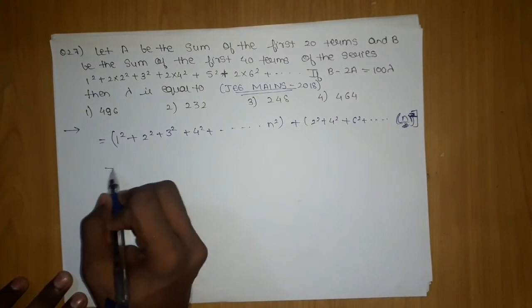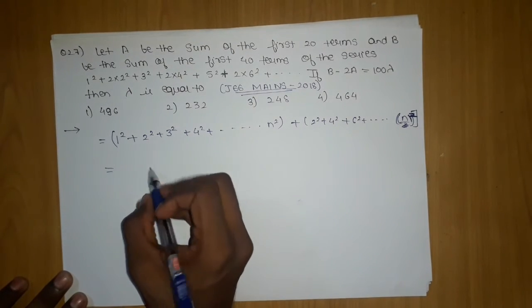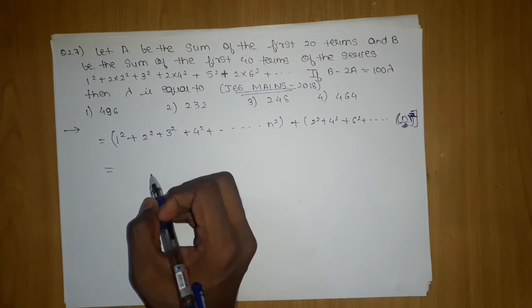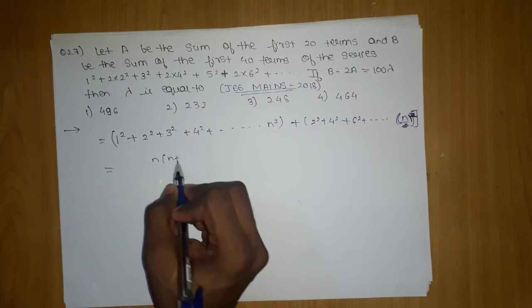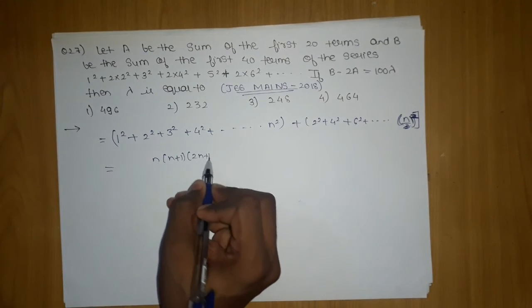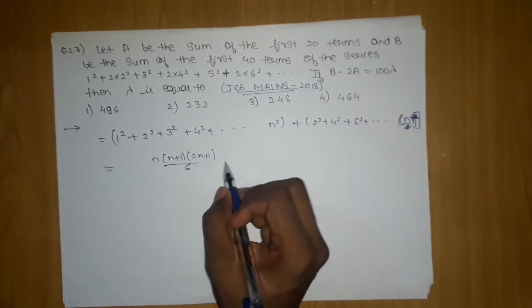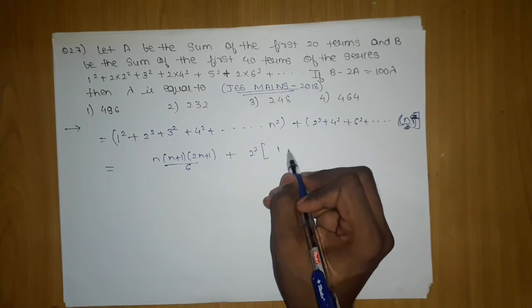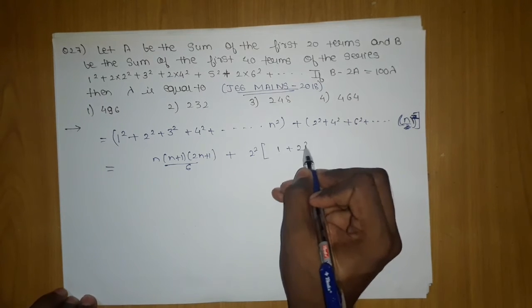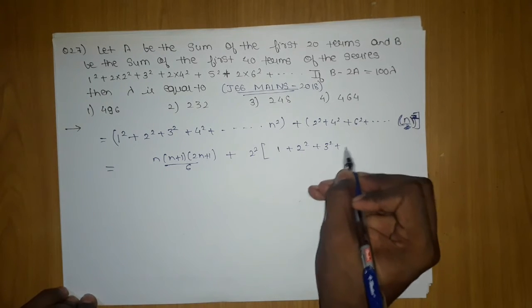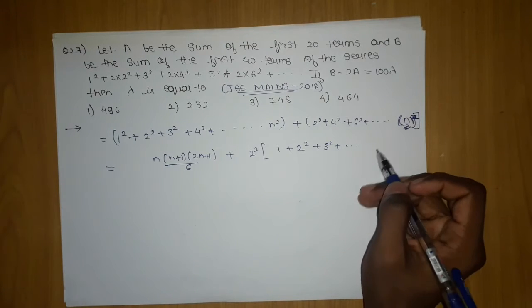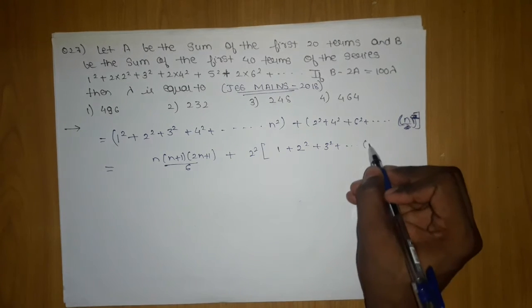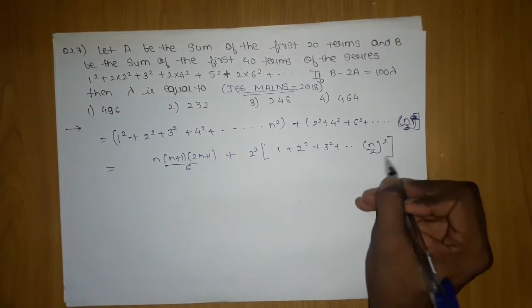Now the sum of squares of n natural numbers is n into n plus 1 into 2n plus 1 by 6. For the second series, I will take 2 square common, which will give me 1 plus 2 square plus 3 square and so on, up to n by 2 the whole square.